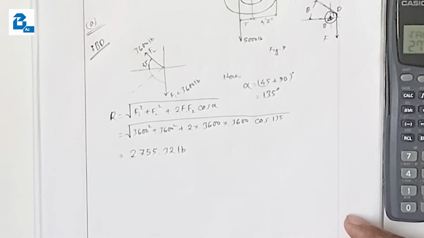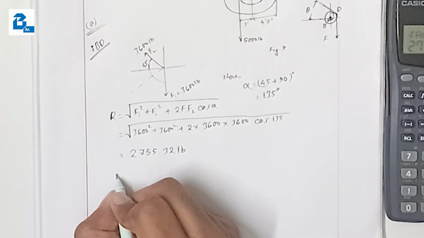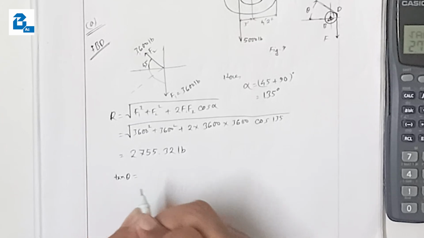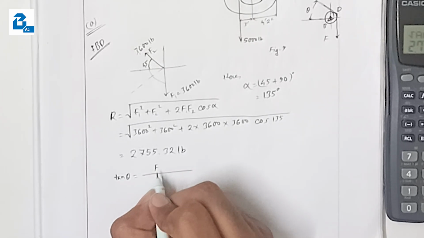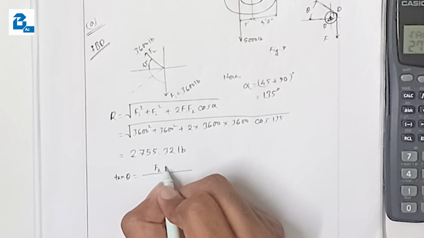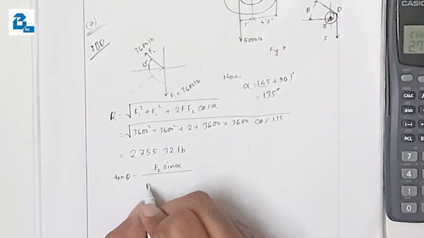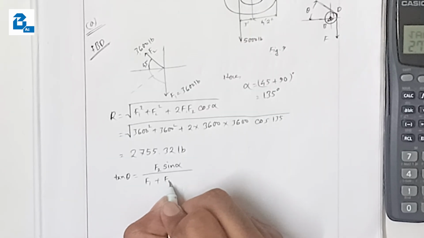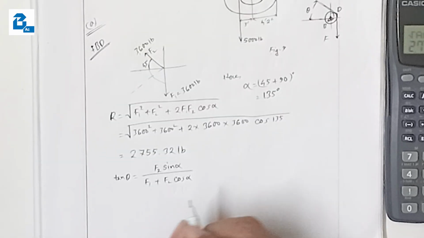Now if you want to find the angle of it, then we will have to do tan theta equals F2 sine alpha divided by F1 plus F2 cos alpha.